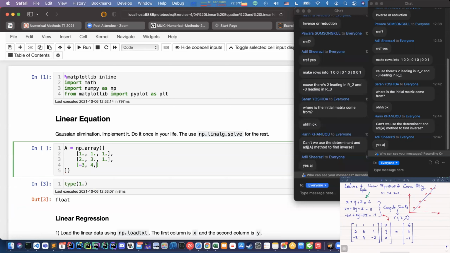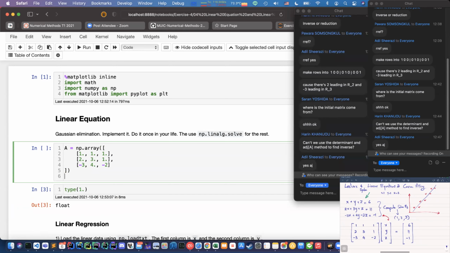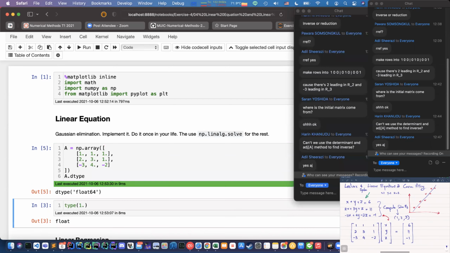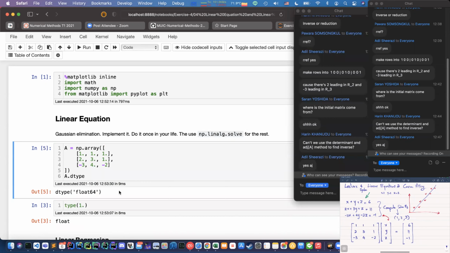Then -3 and 4 and -2. Actually, you can do -3 dot, but the way it figures out the type is that if any one of them is a float, then a dot dtype gives you float. If any one of them is already a float, then you're safe. So that's why I don't need it here.